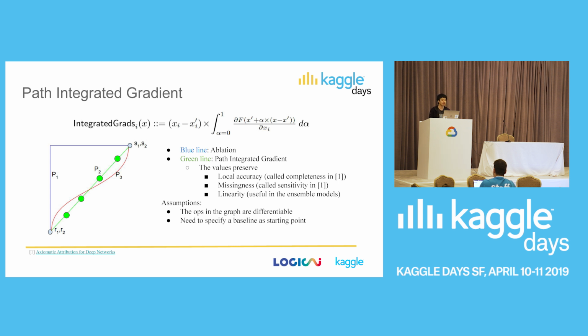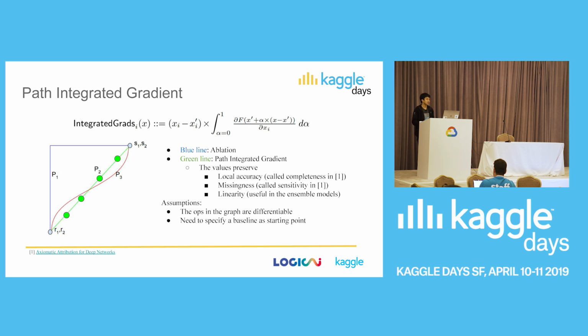So if you have m features, you do n function evaluations. That's called ablation. Some people might argue, why a linear path? You can go through any other path, right? This red line, you can do any path. And certainly this linear path was pretty fine, and it guarantees some properties.